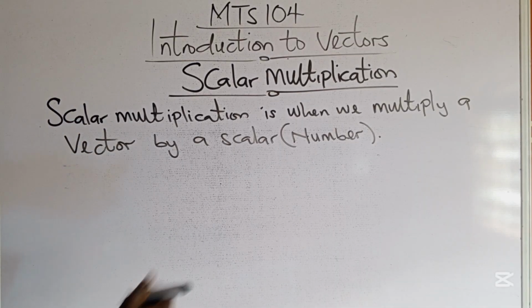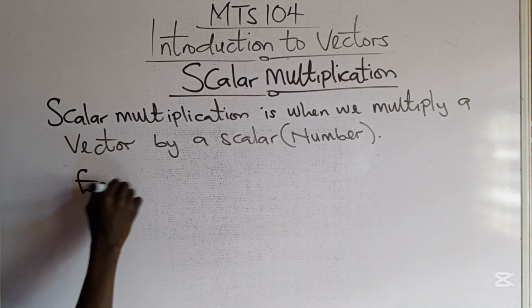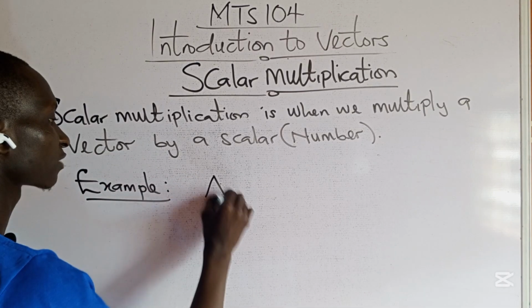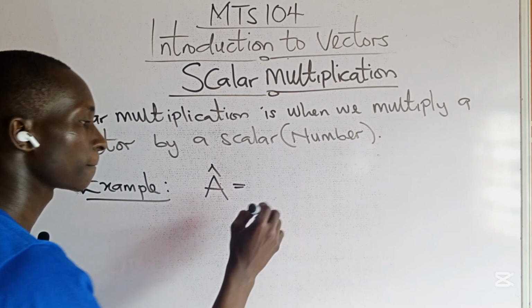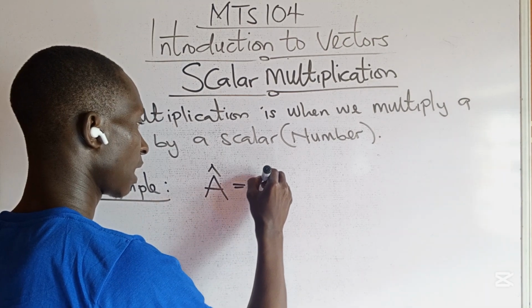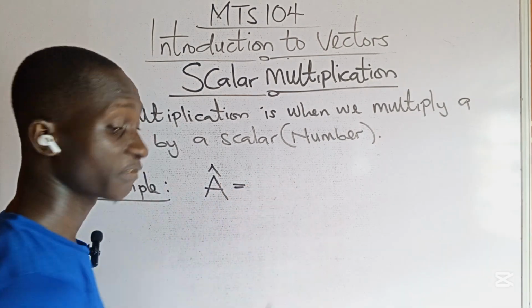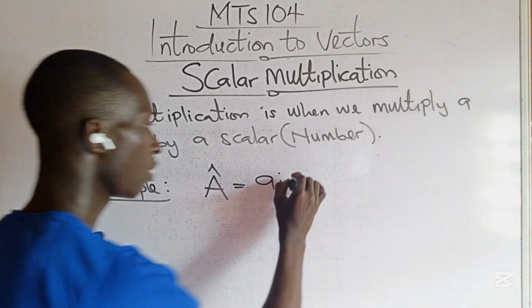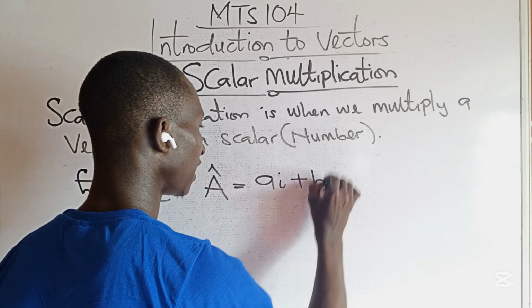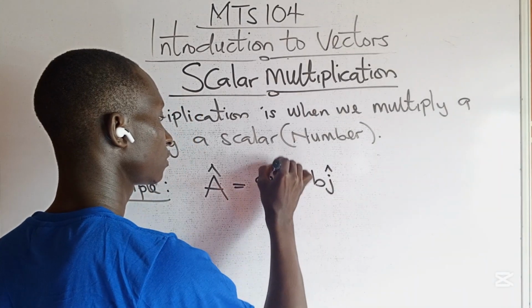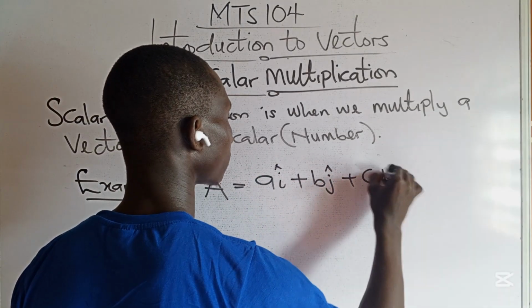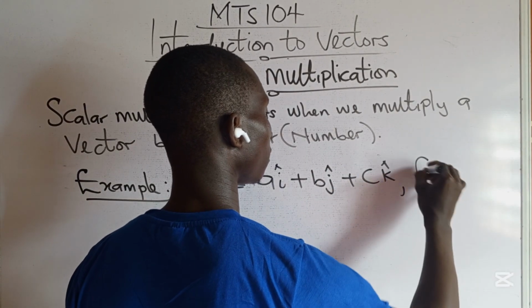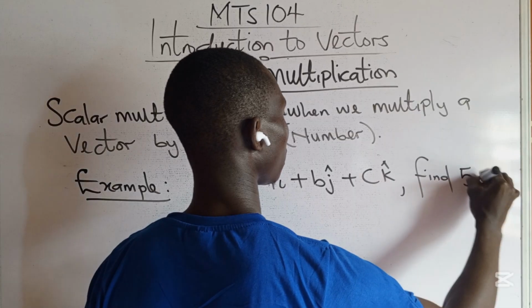Now, let's take an illustration. For example, if vector A is aI plus bJ plus cK, and the question says find 5A.